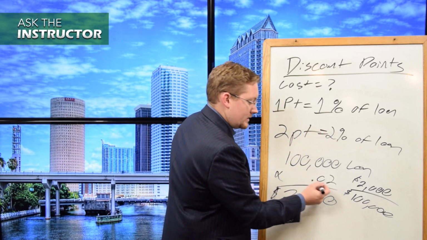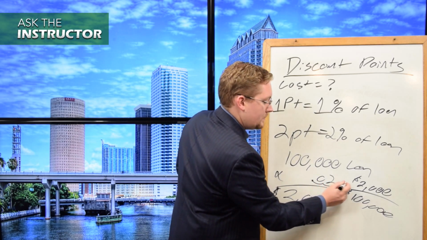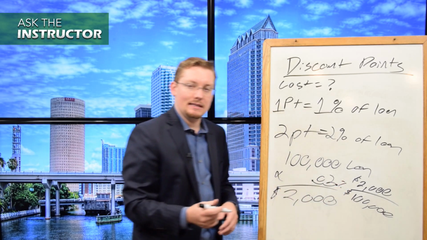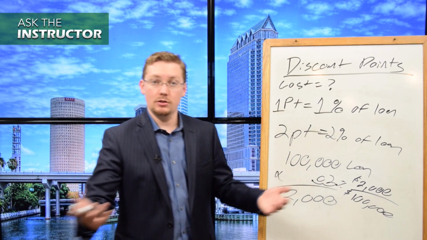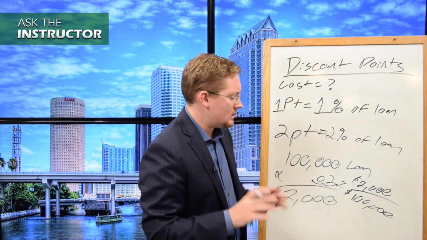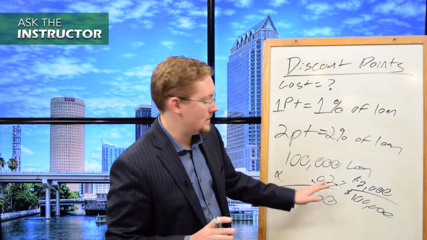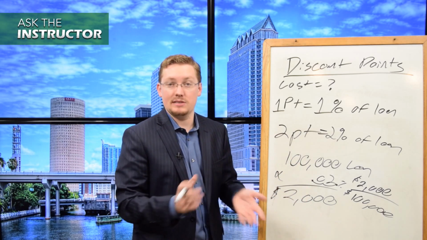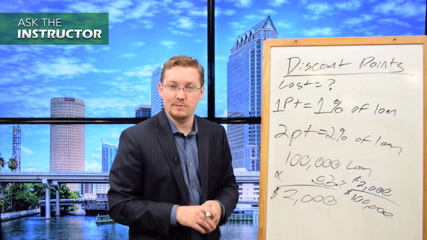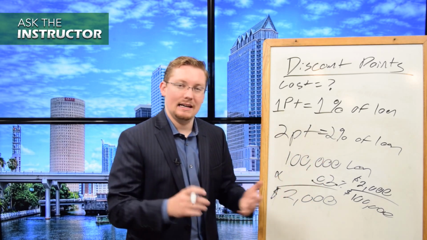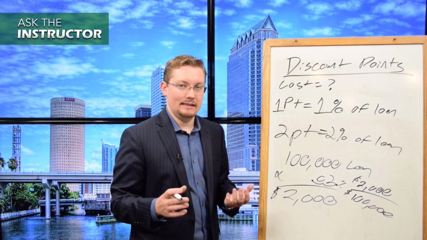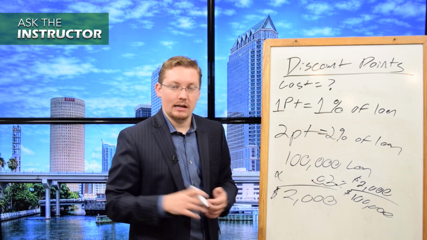So 0.02, when we convert that to a percentage, is 2%. 2% is 2 points. So don't get yourself too confused and caught up there. Don't think you did something wrong because you're ending up with a decimal. You're always going to end up with a decimal. It's going to be a small decimal, because you're getting an answer in terms of a percentage, and when you put it in your calculator, it's going to come up as a decimal.